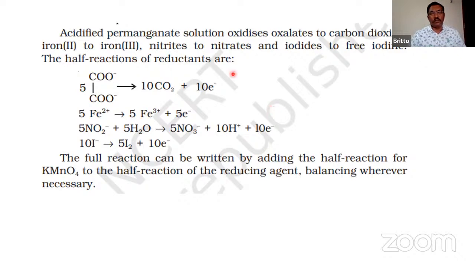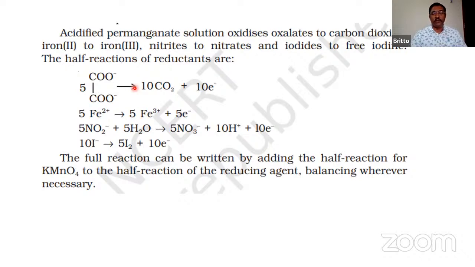For example, one oxalate ion will give 2 electrons. So we have to convert: multiply oxalate by 5, and then multiply manganate by 2, so 5 into 2. Like that, we have to multiply and then balance it.